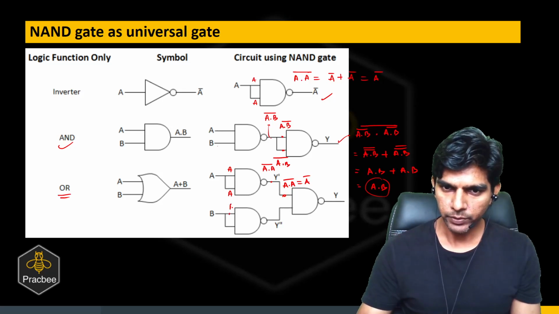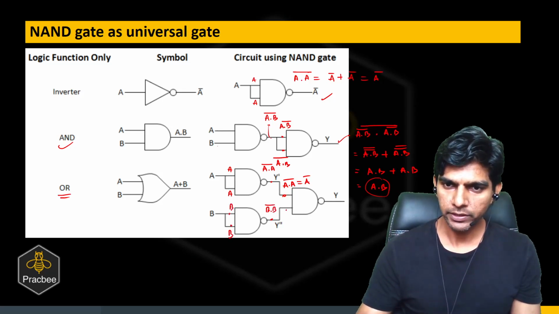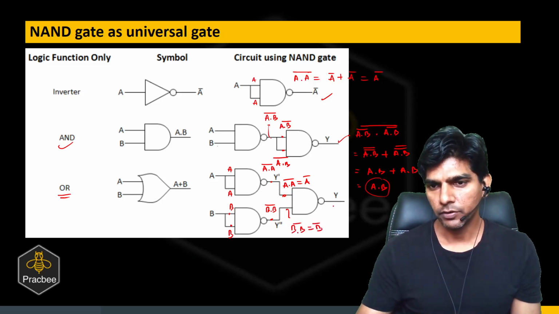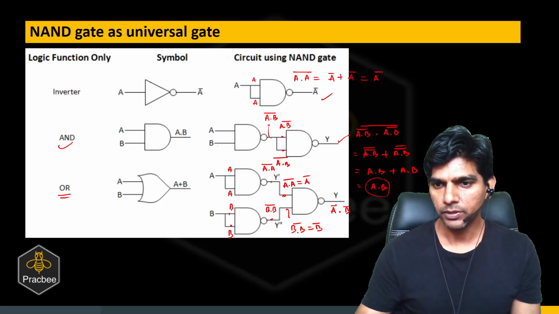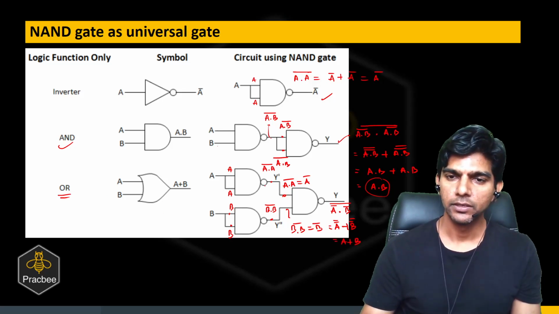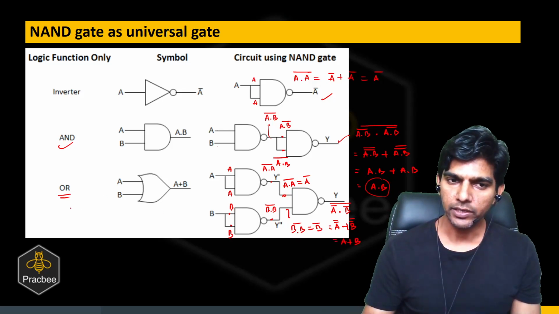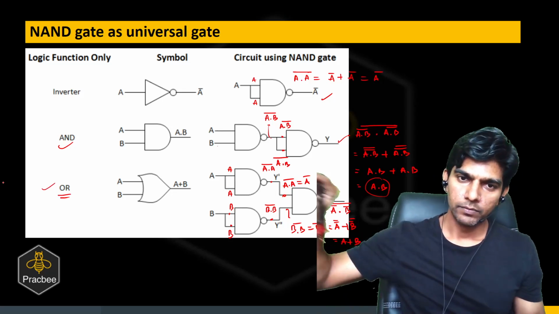And here we have B, here we have B, so here we'll get B times B bar, which is nothing but B bar. So here the output will be A bar multiplied with B bar whole bar, which is A double bar plus B double bar by De Morgan's theorem, and that will be A plus B. So can you see, by using three NAND gates we can form an OR gate, right?